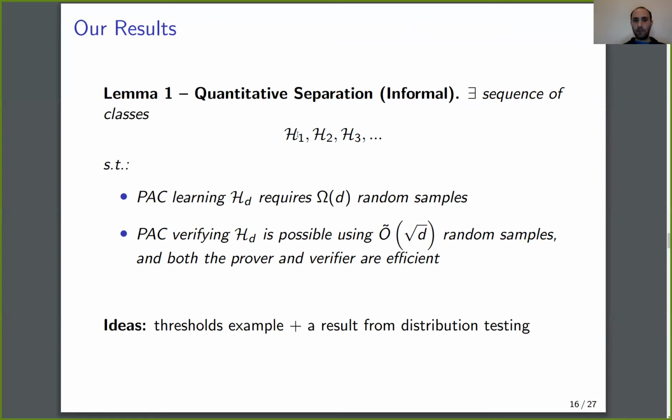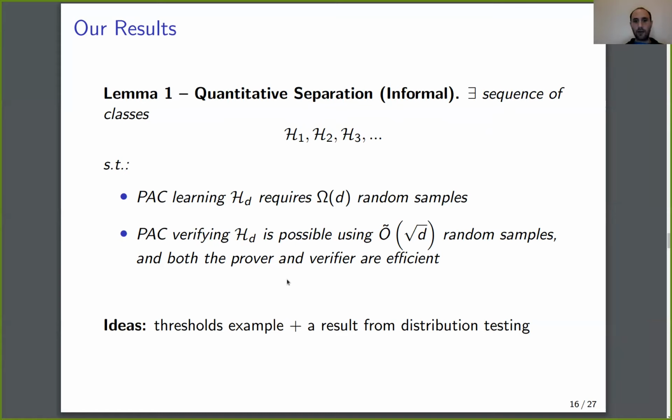And the idea of the proof is basically to take the certificates of large loss for thresholds and generalize that idea for a class that has VC dimension D, and not a constant VC dimension like the threshold had, but a D-threshold that has VC dimension D. Then the certificate will be a set of 2D events instead of just 2 events.